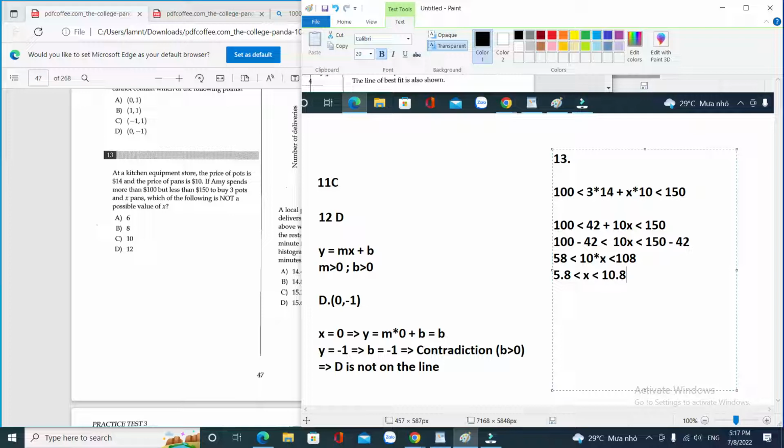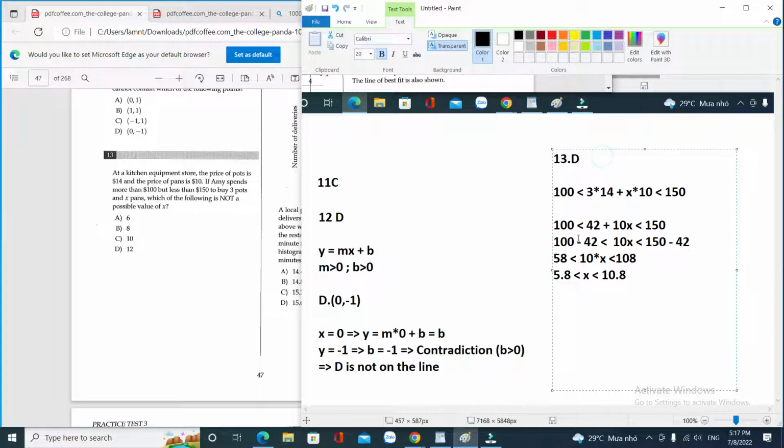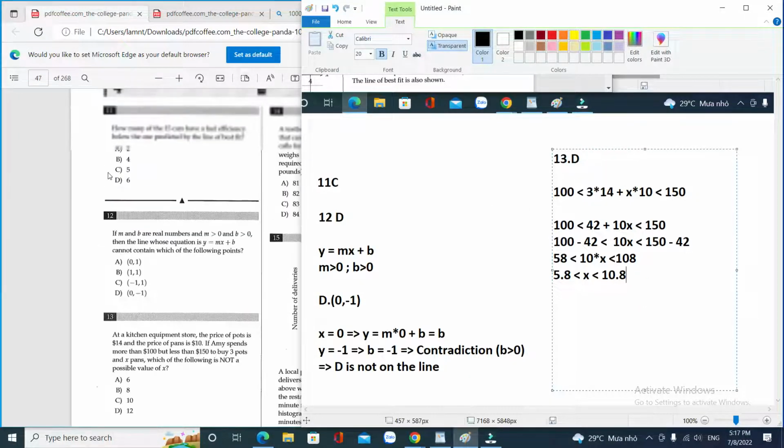Which of the following is not a possible value of x? It has to be out of the range. Only 12 was out of the range, so 13 is D. Alright, let's check out number 14.